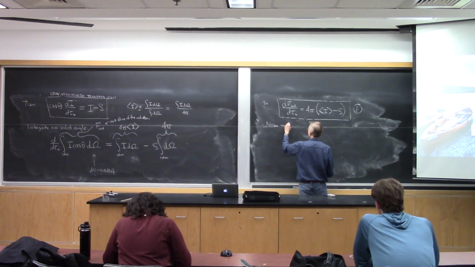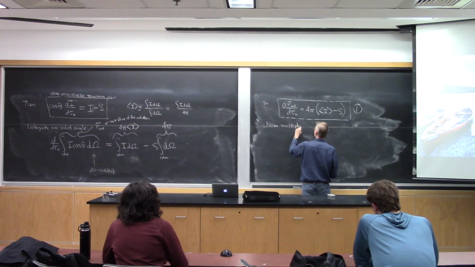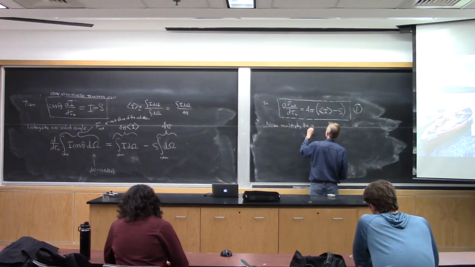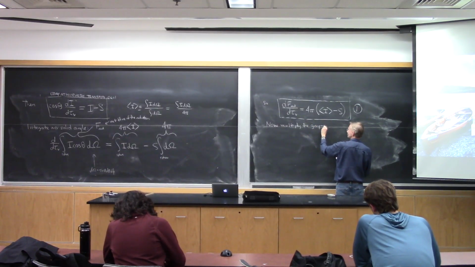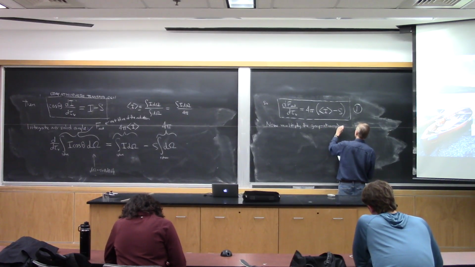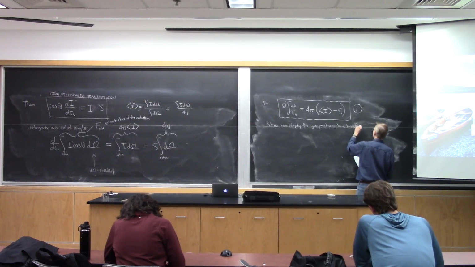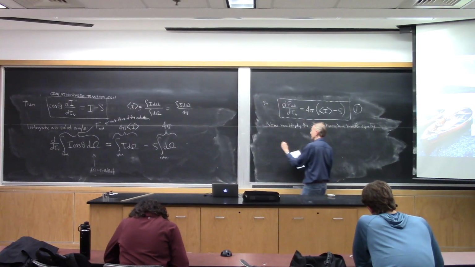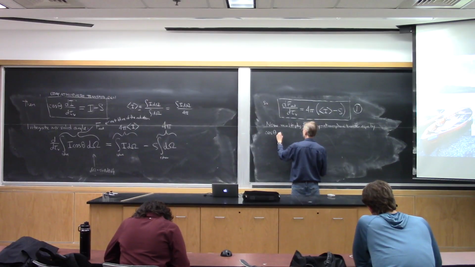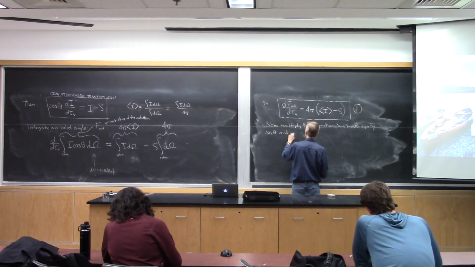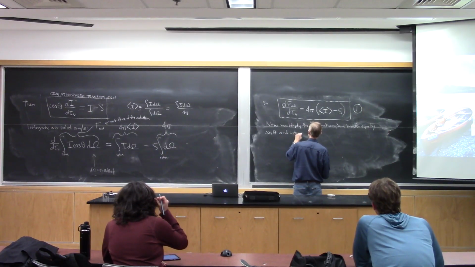And now multiply the gray atmosphere transfer equation by cos theta and integrate over solid angle.